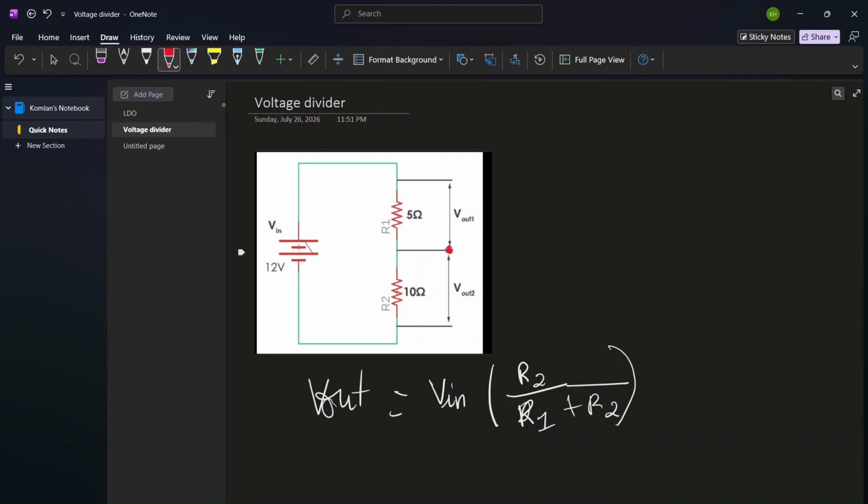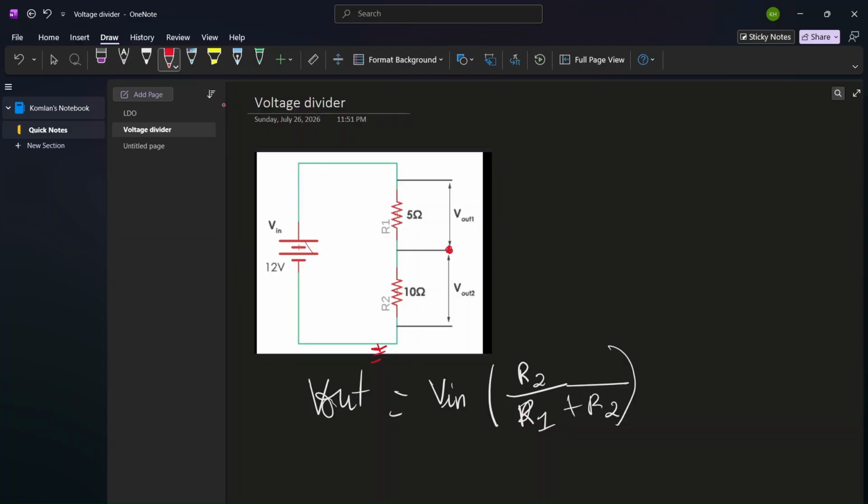Of course, we are grounding this, and then this formula is great. But what if, for some reason, the reference is all of a sudden 1 volt or 3 volt? You're going to change the dynamic.